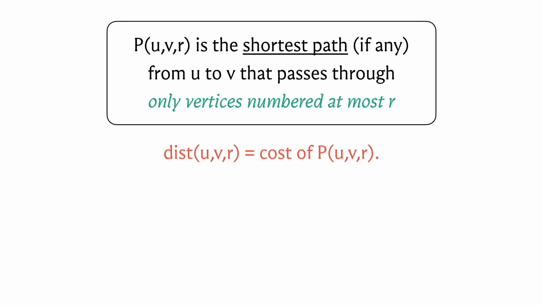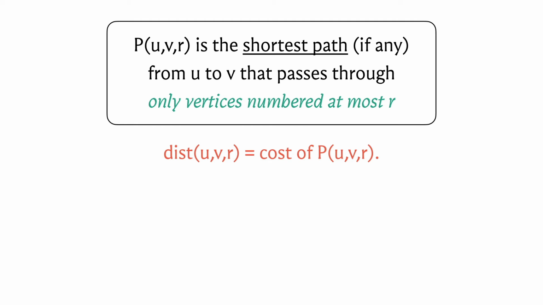And notice that the only paths that don't use intermediate vertices are the direct edges. So the distance of uv0 is going to be the weight of the edge from u to v if such an edge is available, and if such an edge is not available, then this distance just remains infinity. So that's what we have in what you might think of as some sort of a base case for this recursion. Okay, so we figured out what to do if r is equal to 0.